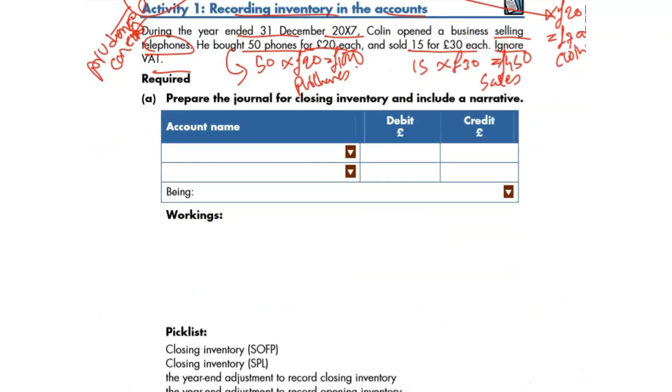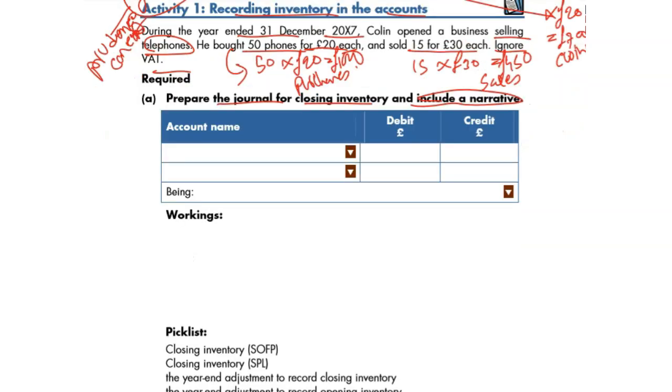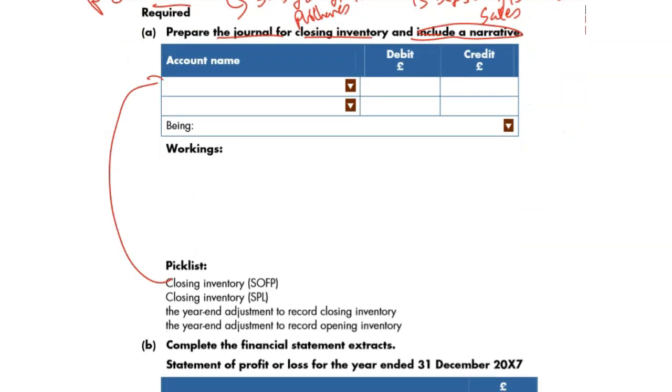Okay, in this particular one, we have done all the working so far, but now prepare the journal for closing inventory and include a narrative. Closing inventory is a current asset, so we choose SOFP debit and SPL credit. Closing inventory debit, 700 is the closing inventory, and closing inventory credit.